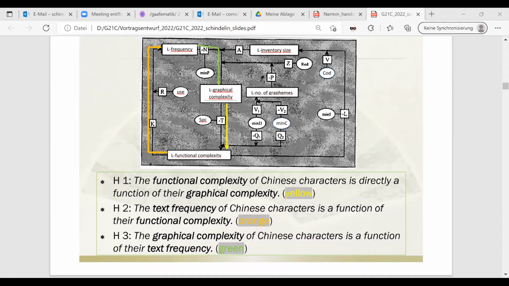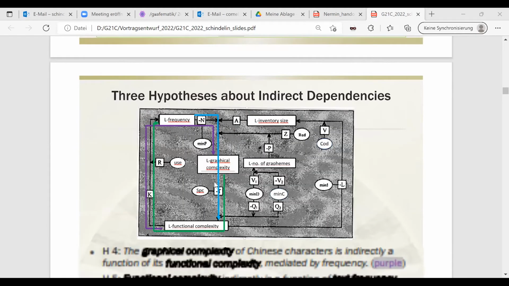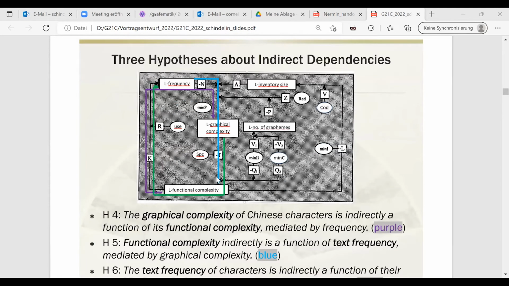So the first hypothesis, before I get to that, there were also three indirect hypotheses. And that's really where we get to find out if the model is promising, whether mediated dependencies, indirect dependencies, are also modeled correctly.